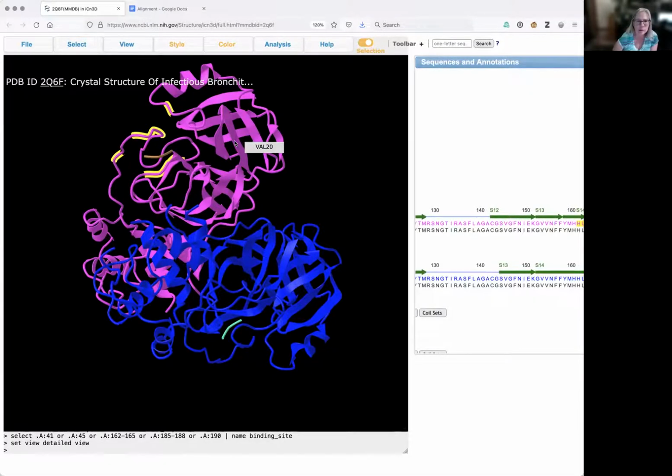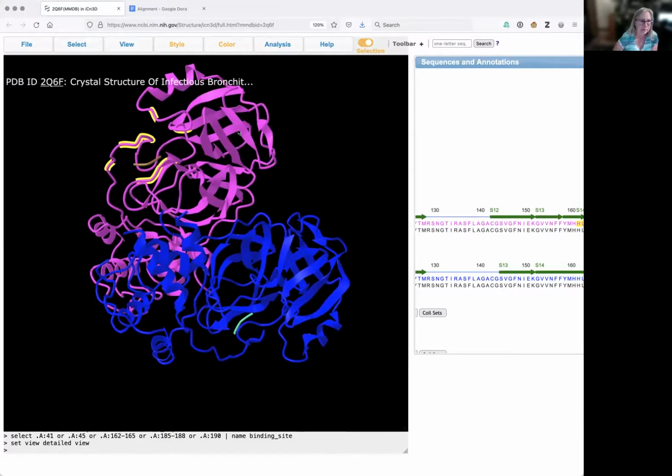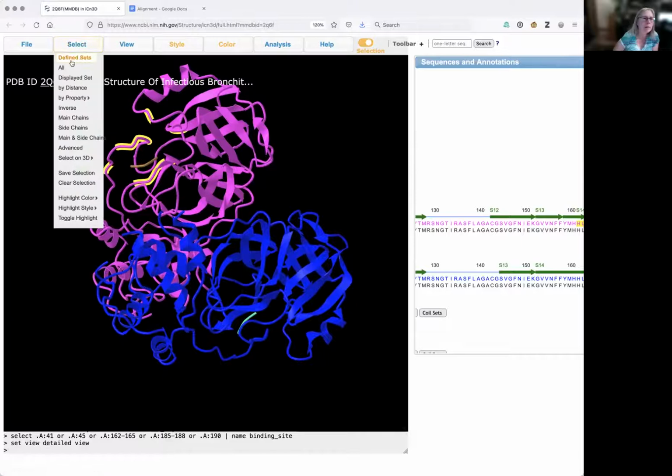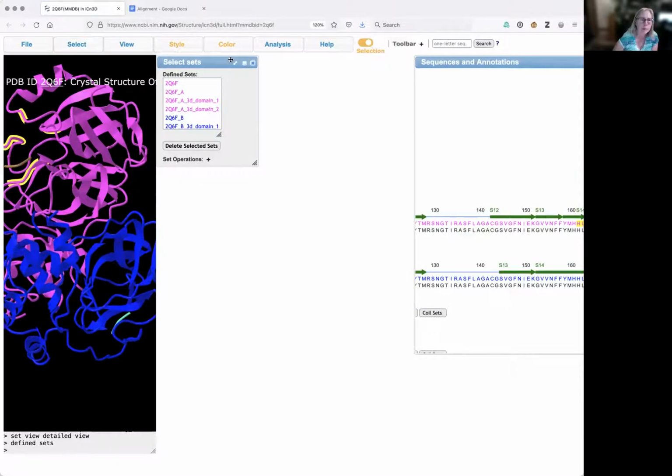And I'm going to annotate the binding site so that I can look at interactions between the binding site amino acids and the inhibitor. So what I'll do first is I'm going to open up my defined sets here.